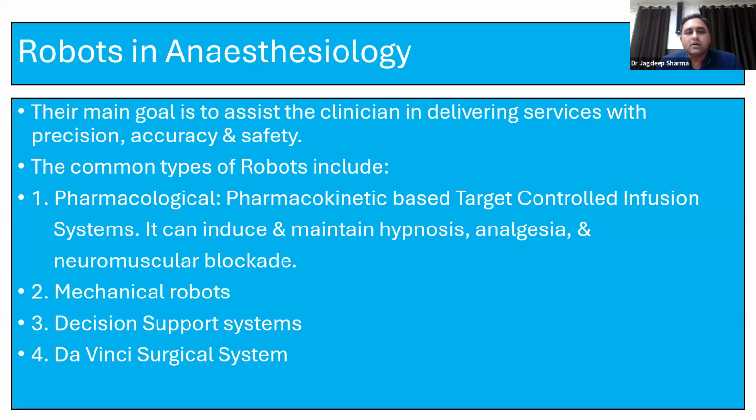The most common types of robots in our field include pharmacological ones, the most traditional being the target controlled infusion systems, which are pharmacokinetic or pharmacodynamic based systems, and they can induce and maintain hypnosis, analgesia, and neuromuscular blockade. Then your mechanical robots like the Kepler intubation system, decision support system, and the Da Vinci surgical system.